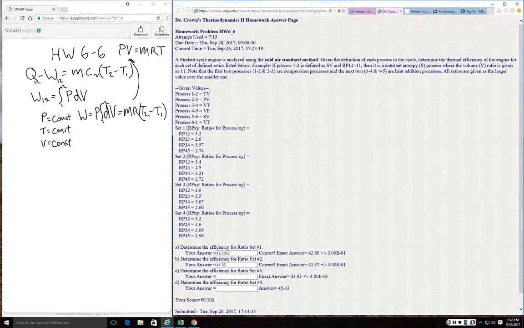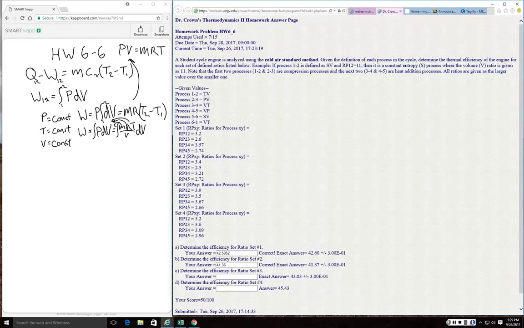Now what if we had a constant temperature process? Well then work equals integral P dV, but pressure I can write as MRT over V, so I'll do the integral of MRT over V dV, and I can bring the M outside the integral, the R outside the integral, and the T outside the integral because it's a constant temperature process.